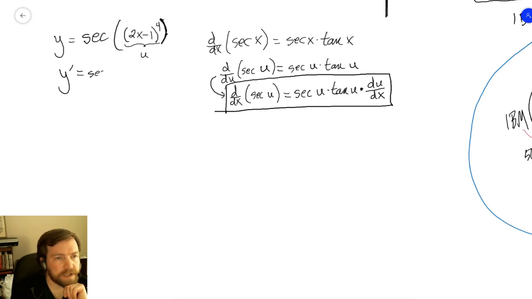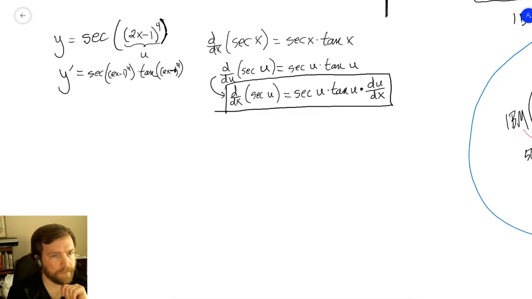So this is going to be the secant of parentheses 2x minus 1 to the fourth times the tangent of the same. So now we need to take the derivative, so this is multiplied by d dx of 2x minus 1 raised to the fourth power.